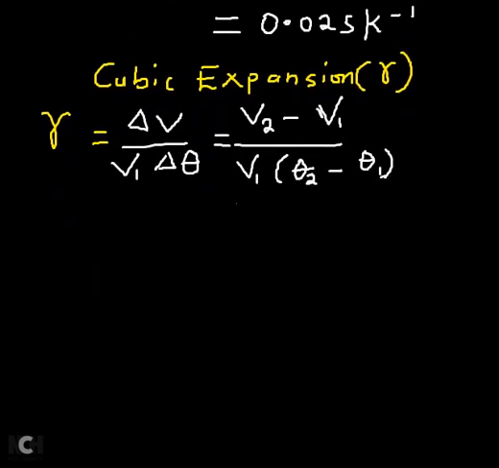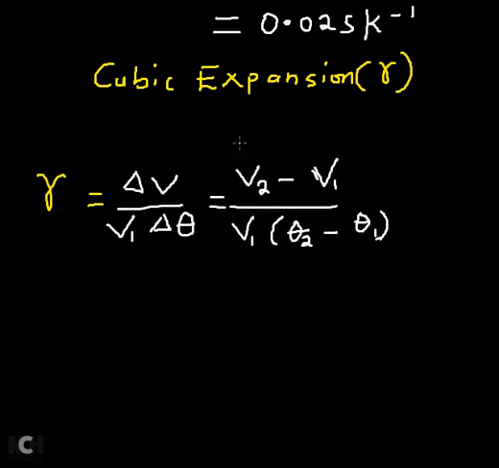Now there's one thing about volume expansivity. When you measure it for a solid, you are going to have an accurate value, because a solid is a rigid body, so a solid doesn't need to be in a container.